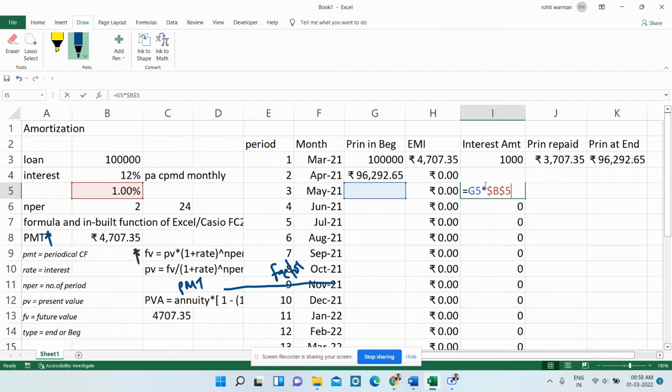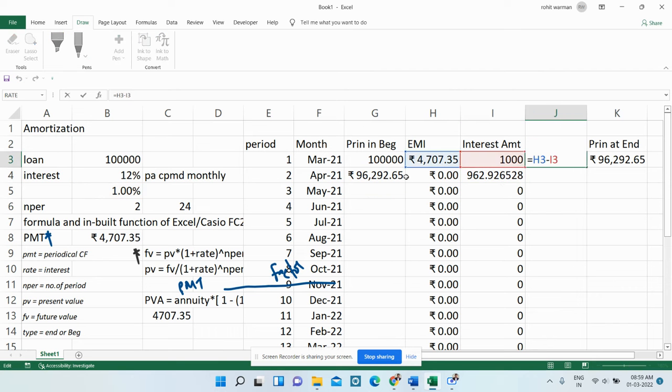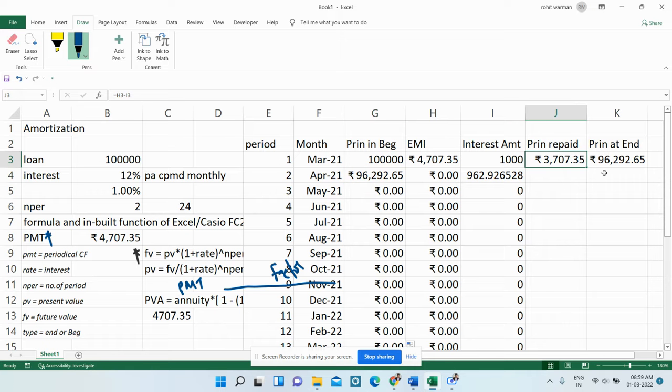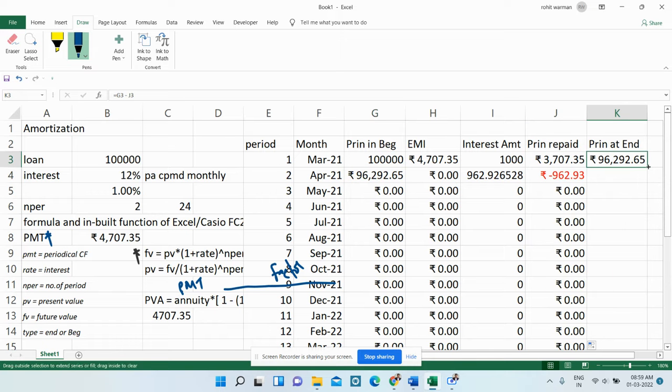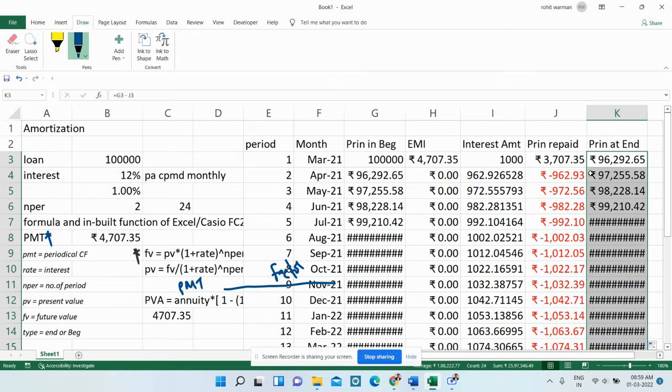Okay, the formula is set. Very simple. And this formula is already set, which is your EMI less the interest amount, and this is also set. Now when all the formulas are set, we just have to double click on this, and we have the amortization table.